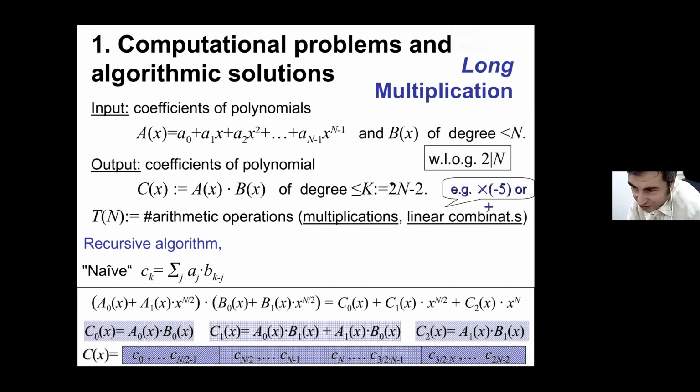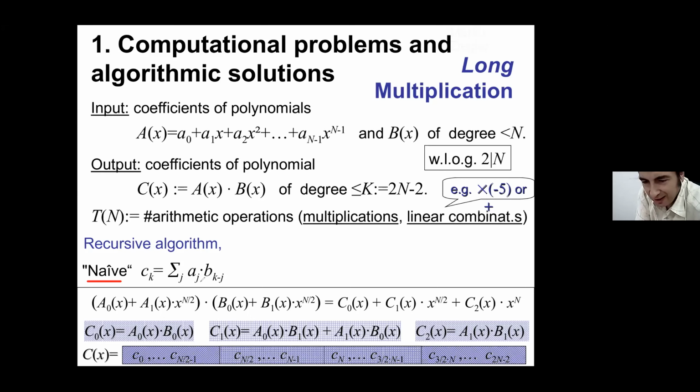Then we have long multiplication. The question was about multiplying polynomials. How can we make multiplication of polynomials efficient? What is written here is the naive algorithm, the kind of paper and pencil multiplication.